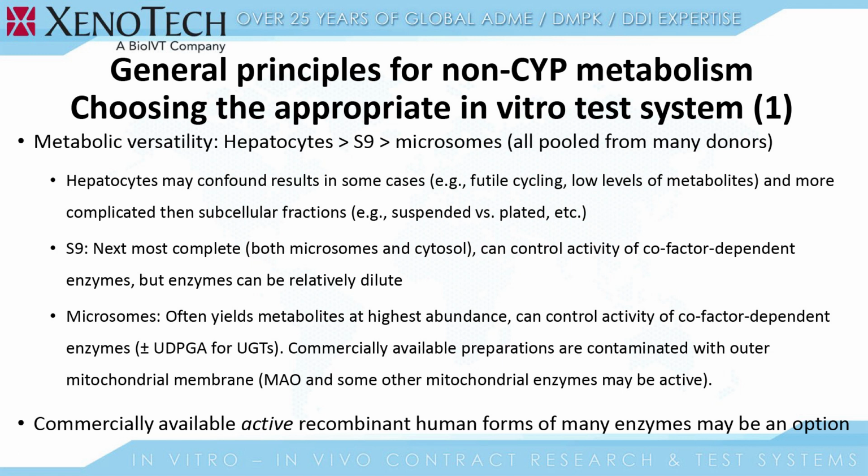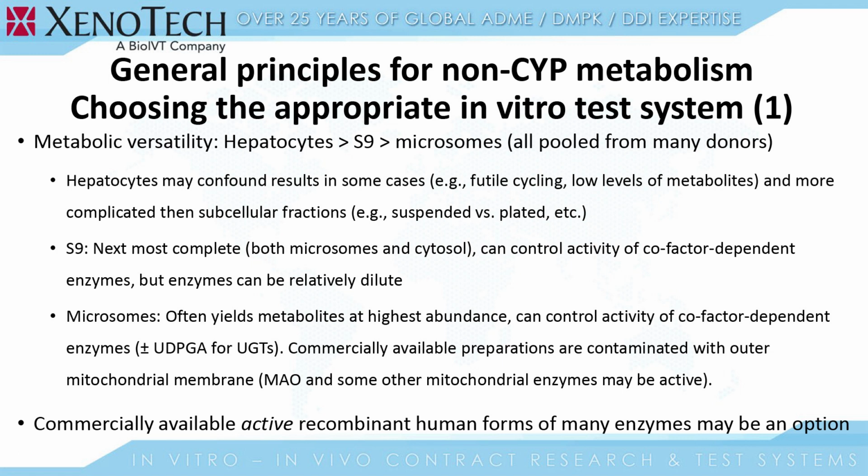For example, the addition of UDPGA for the UGT enzymes. Now, commercially available preparations of pretty much most microsomes are contaminated with outer mitochondrial membrane. So it's important to keep in mind that even in microsomes, there may be some MAO and other mitochondrial enzymes in the preparation that may be active.